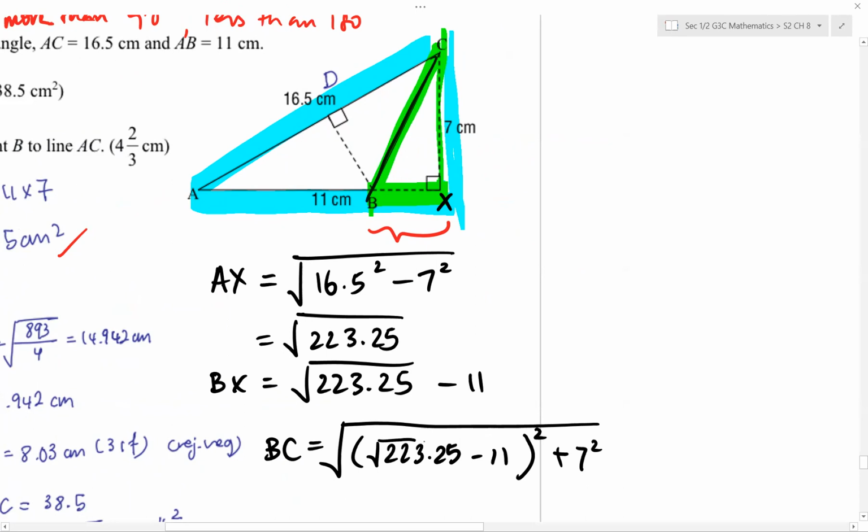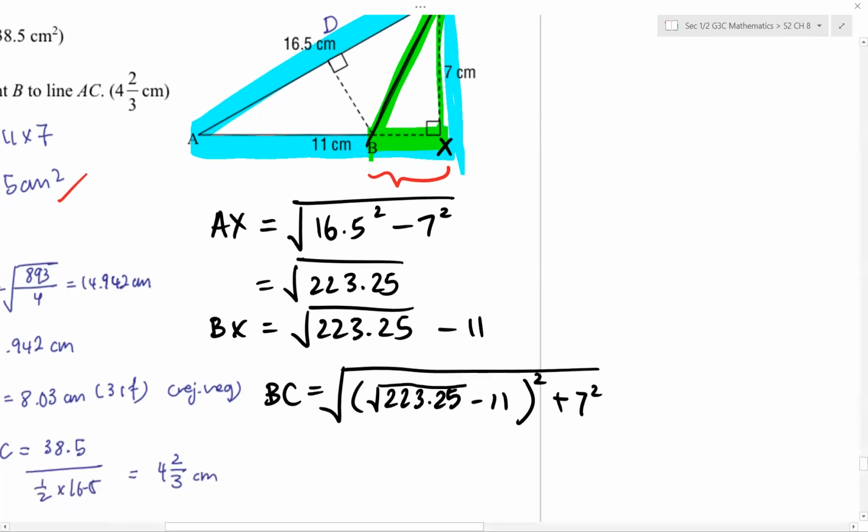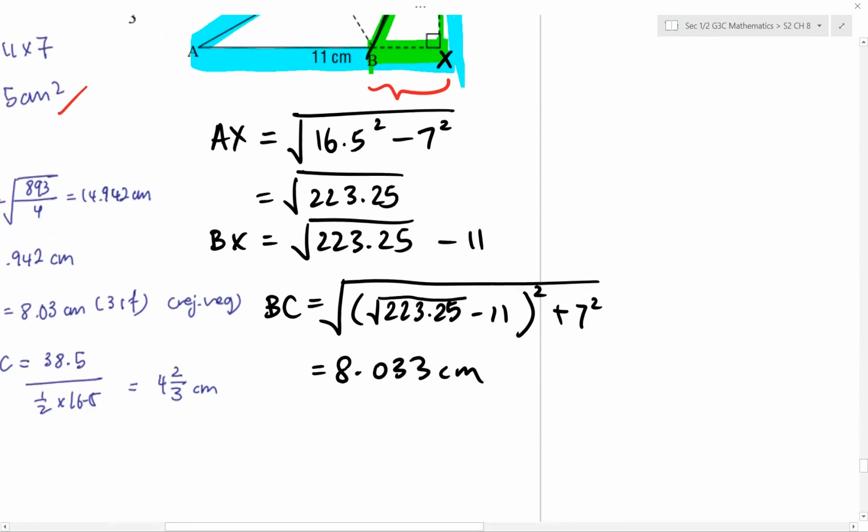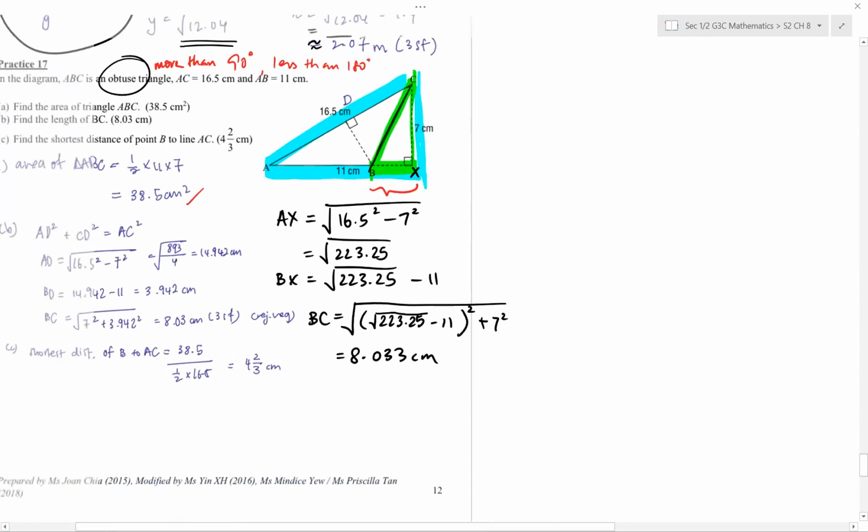This square root only lasts until the 0.25. So square root this, minus 11, square it, plus 49, and square root the value. So I get 8.033 cm for BC. Let's check. 8.033, okay, so correct. So round off to 8.03 cm.